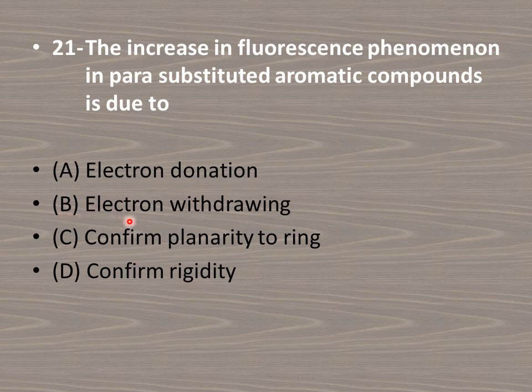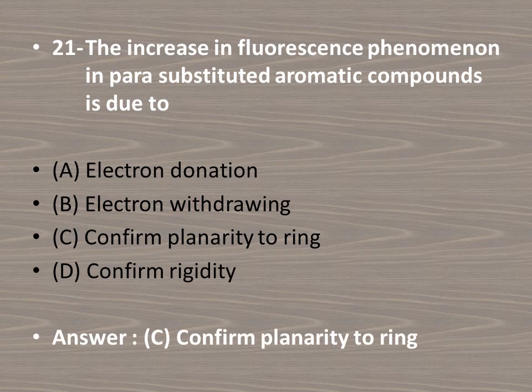B is due to electron withdrawing. C is due to confirmed planarity of ring, while D is due to confirmed rigidity. So let's see what is the right answer. So right answer is the option C, that para substitution actually confirms the planarity of the ring, which increases the fluorescence phenomena in aromatic compounds.